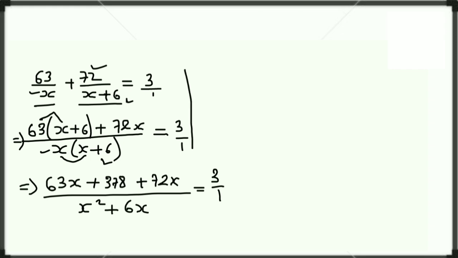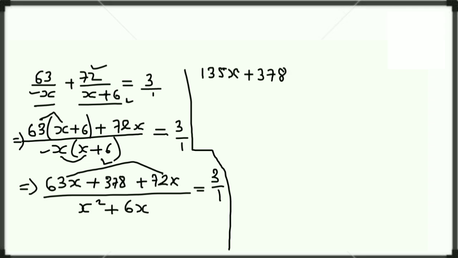Again, 63x and 72x. After adding, we obtain 135x plus 378 as it is by x square plus 6x equal to 3 by 1.